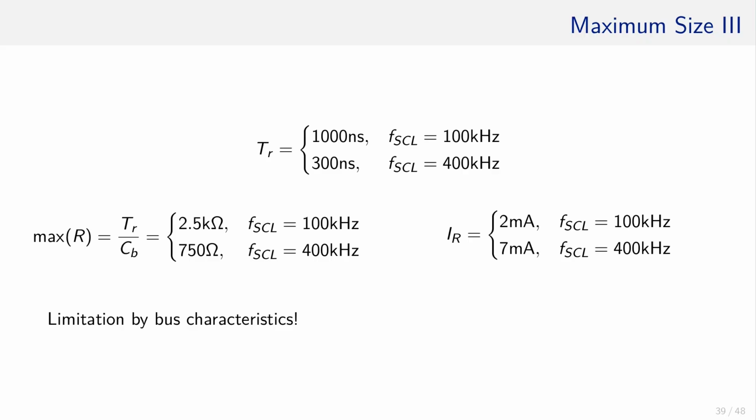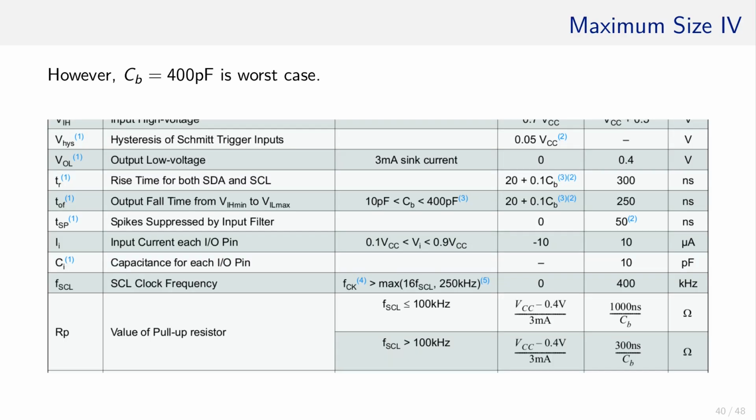So what to do? Well, we can lower the clock of SCL or the bus supply voltage V-bus. There is another way though. The bus capacitance of 400 picofarad represents the worst possible case in the I2C specifications. So how much capacitance does the bus usually have? Let's say you would like to connect two ATmega 328P through an I2C bus.